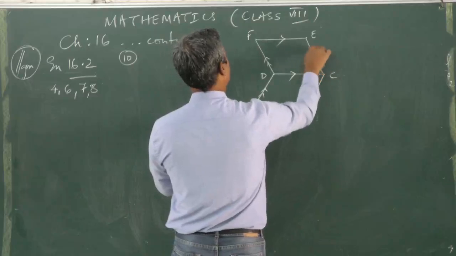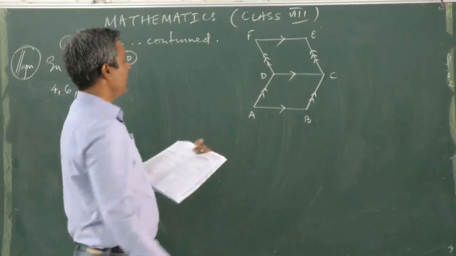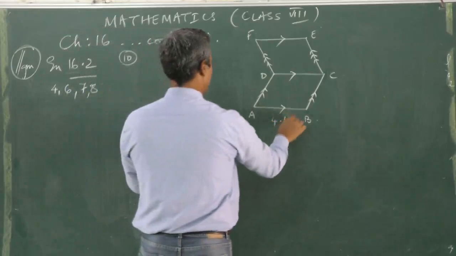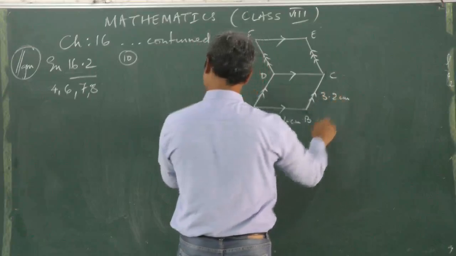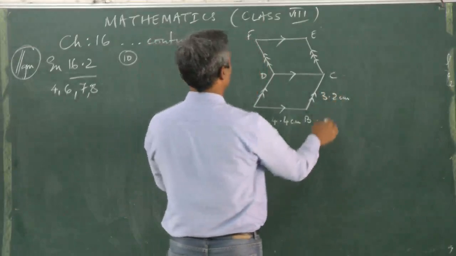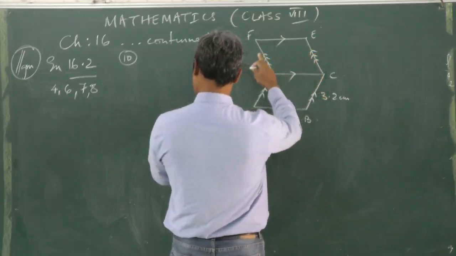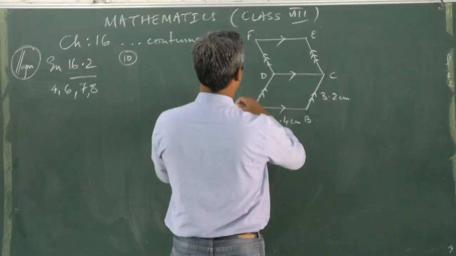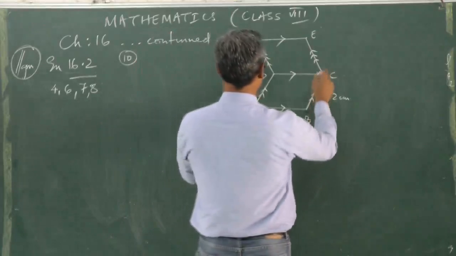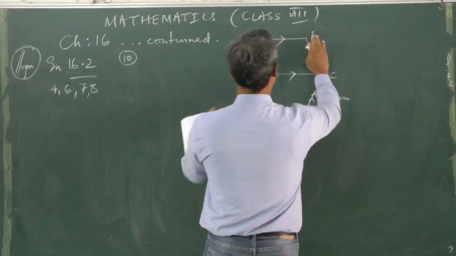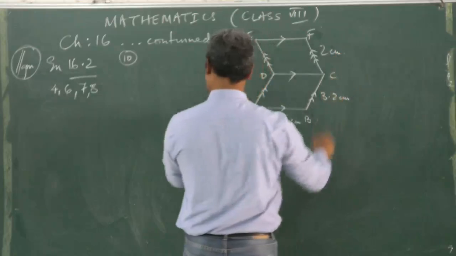Opposite sides parallel, in which AB is 4.4 centimeters and BC is 3.2 centimeters and CF is 2, CF. I would like to correct that and take, okay, CF is 2 centimeters.